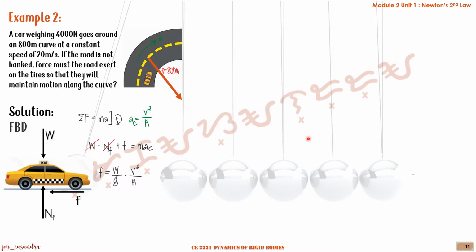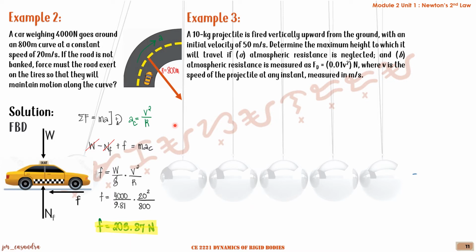Substituting the values, we have F equal to 4,000 newtons divided by 9.81 times 20 squared over 800. Simplifying, the frictional force, or the force between the road and the tires, will be equivalent to 203.87 newtons. So this one is our final answer.